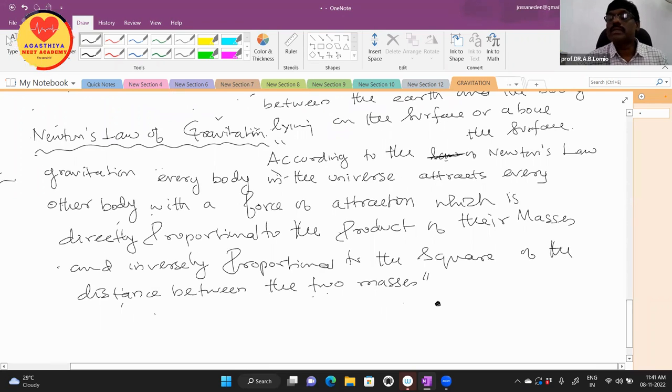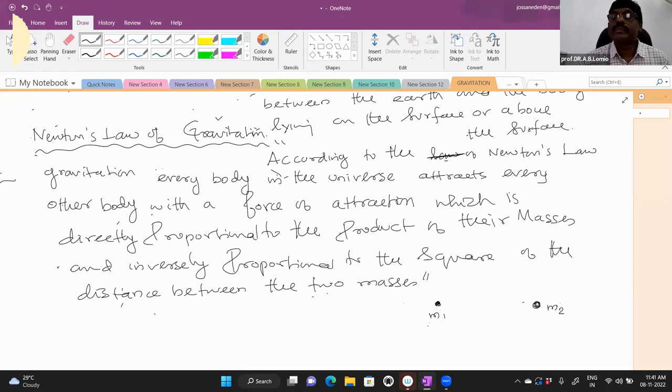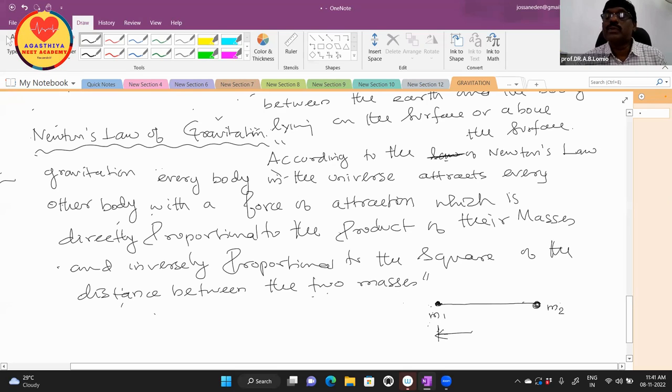Consider two bodies, say M1 and M2, in the universe. Connect the two bodies by a straight line. The distance between the two bodies is r. Consider body 1. It will be attracted towards M2.